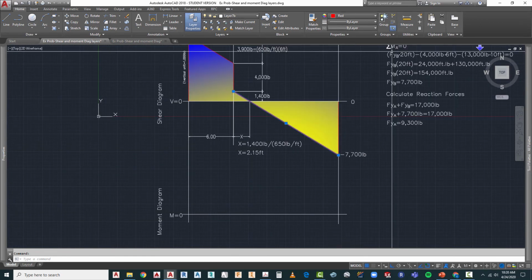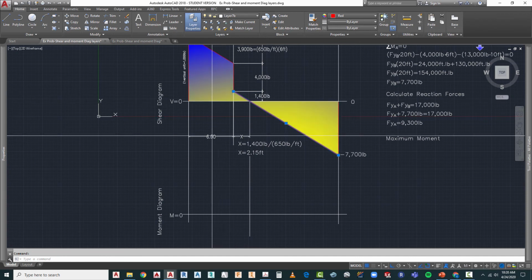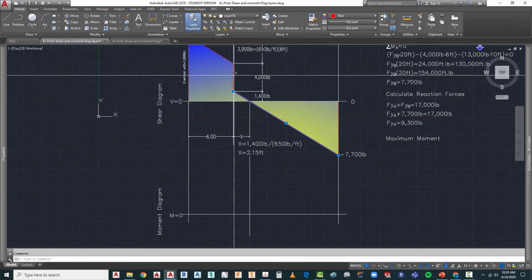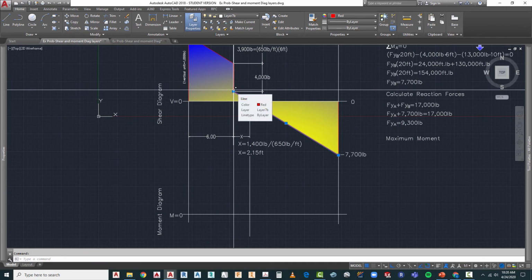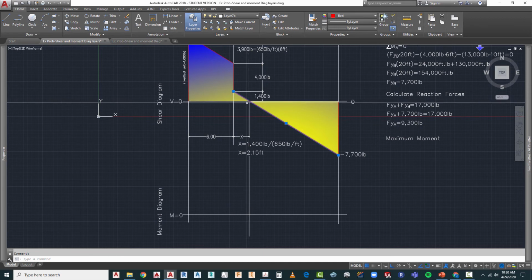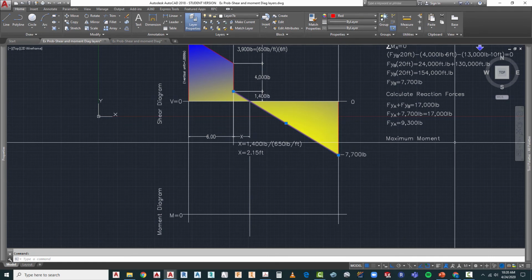And what we're going to do is find once again where any events might be occurring in here that might affect our moment diagram. One of them would be this vertical drop in here where our concentrated load is, and the other one, which is extremely important, is where shear force is equal to 0, which is going to be our maximum moment line. So that's what we need to solve for.